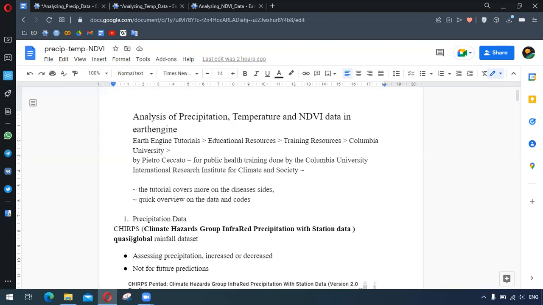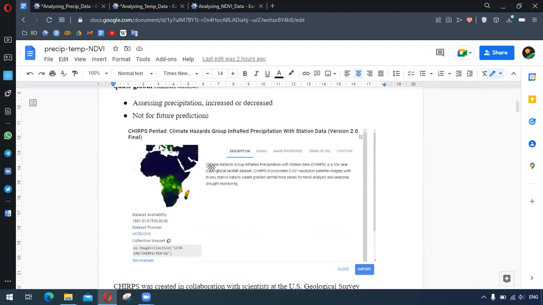And by quasi, it means available for specific areas of the globe. The data can have particular uses, such as in assessing precipitation to know whether it has increased or decreased. However, it is not for use in predictive purposes.